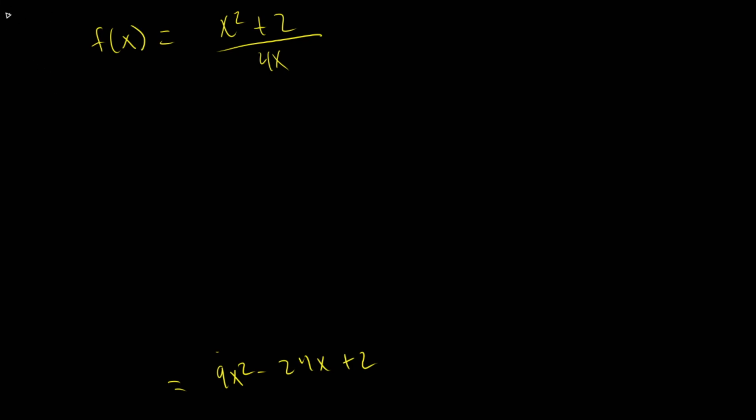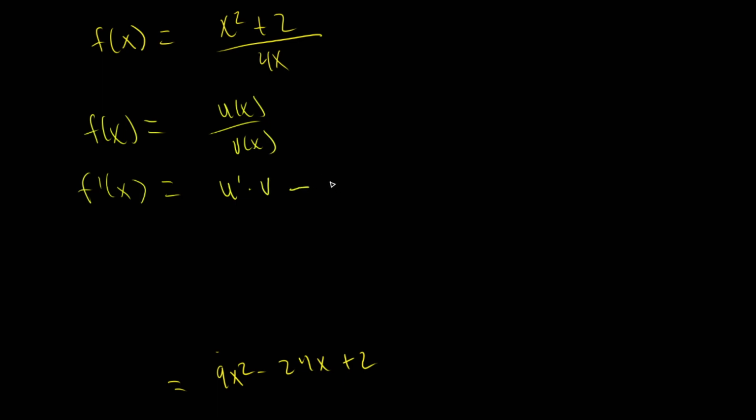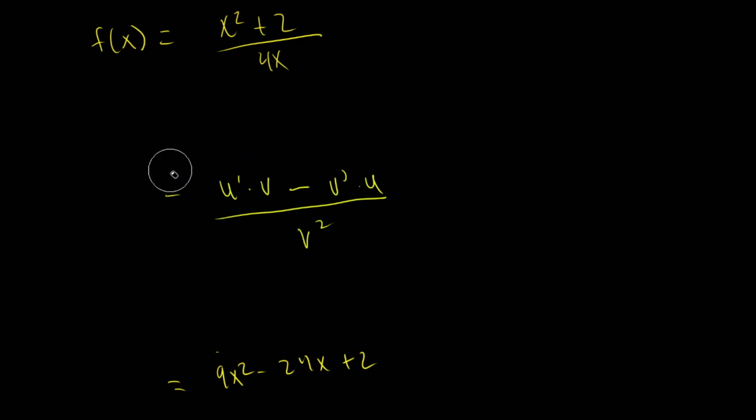Now what the quotient rule is: if f at x equals, let's say, u of x divided by v at x, then f prime at x would equal u prime times v minus v prime times u, divided by v squared. And you could actually solve this using chain rule and product rule, but I'm not going to go through that. So let's just use this formula here and apply it onto this.